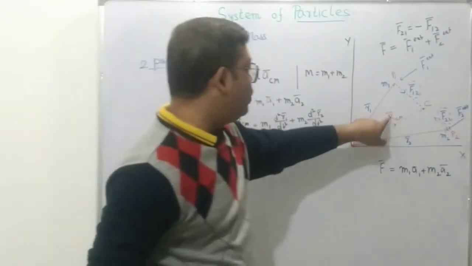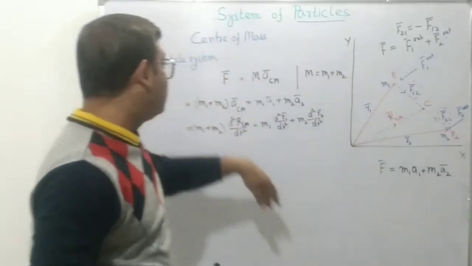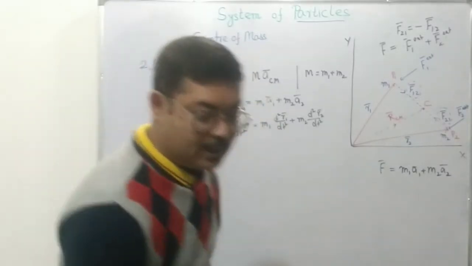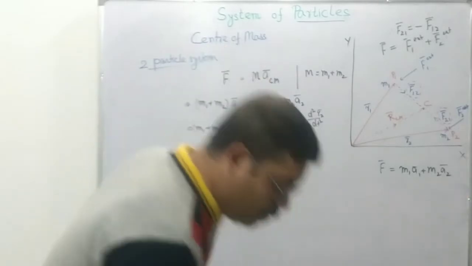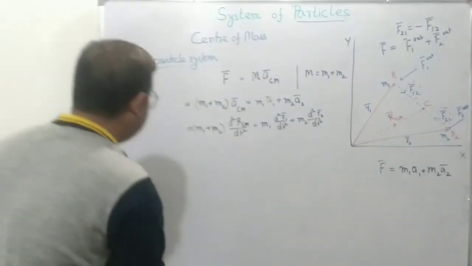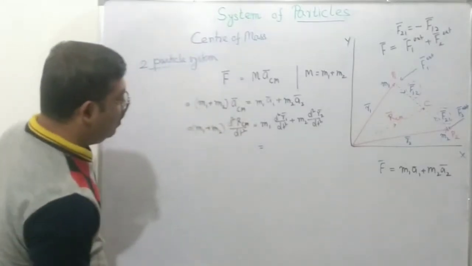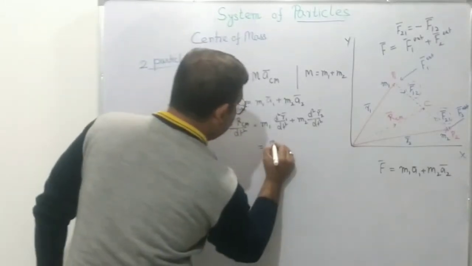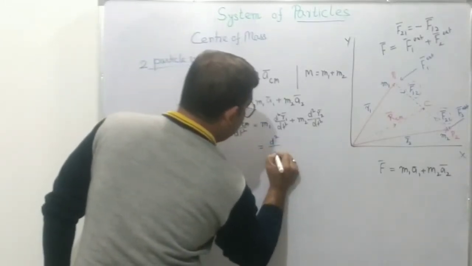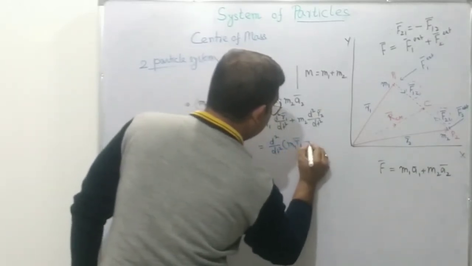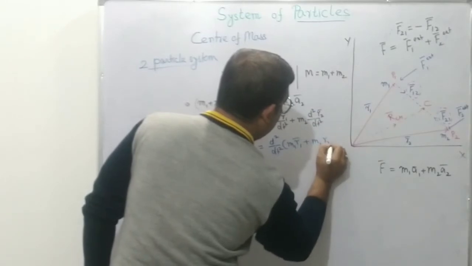Since rcm is the position of the center of mass, the second order derivative of it will give us the acceleration of the center of mass, acm. So if we rewrite the right hand side, we can rewrite this as d square by dt square of m1 r1 plus m2 r2.